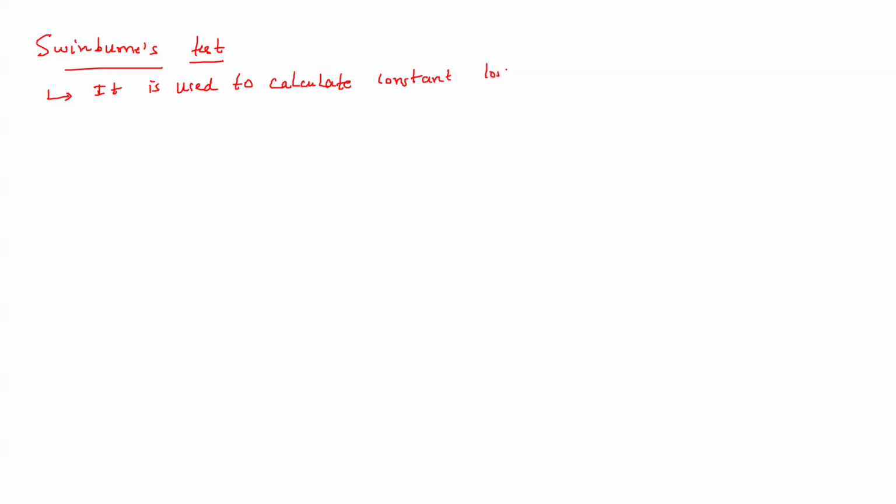Now we will see the two tests which I said, Swinburne's test and the Hopkinson's test. Okay. So here let us see what are these two tests. So first we will see the Swinburne's test. Okay. So what is the purpose of Swinburne test? It is used to calculate constant losses in the machine.